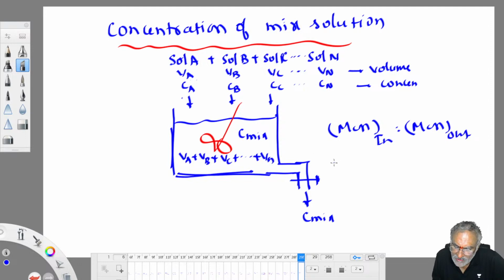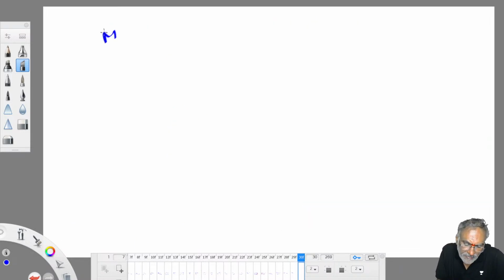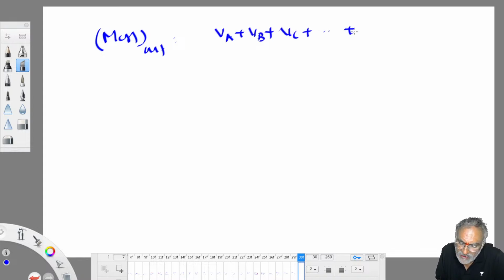So we write mass in is equal to what? VA into CA plus VB into CB and so on to VN into CN. This is the mass balance equation around the container. Mass out from the container is equal to VA plus VB plus VC plus dot dot dot VN, in number of solutions whose concentration is C mix.